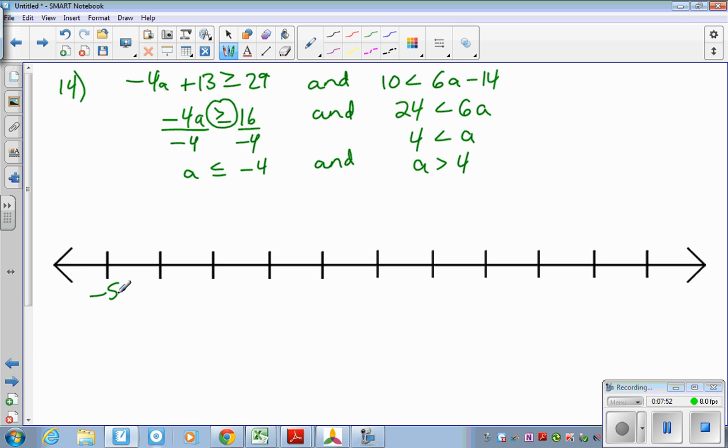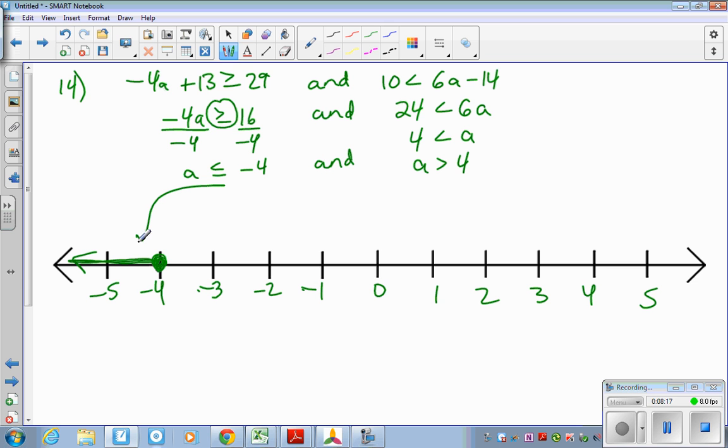So graph like usual, -5, -4, -3, -2, -1, 0, 2, 3, 4, 5. So less than or equal to -4. I'm sorry, this one is actually a little tricky. Sorry to go back and forth on you with that.